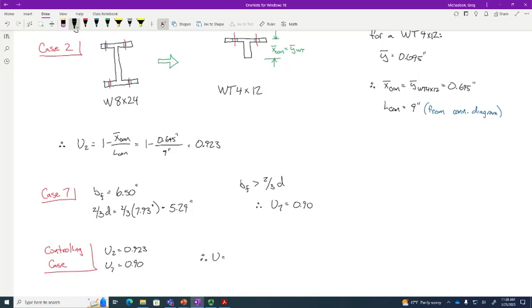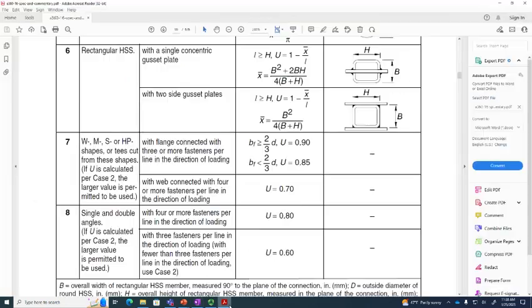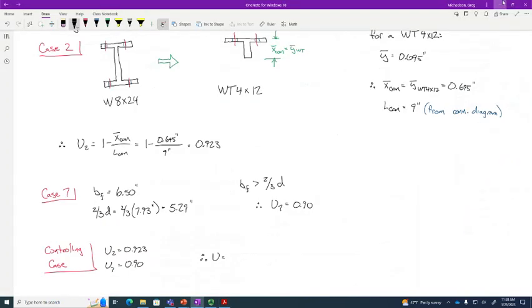Which value do we use? U2, because right here, the text in the diagram says if U is calculated for case 2, the larger value is permitted to be used. So we're going to go with U2, 0.923.